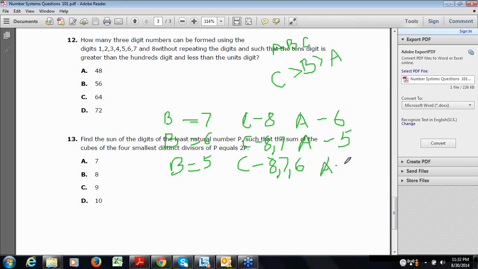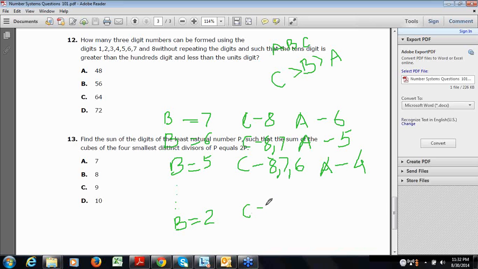A can have 4 values. Similarly, B is equal to 2.